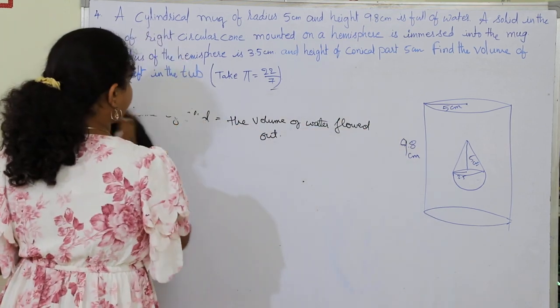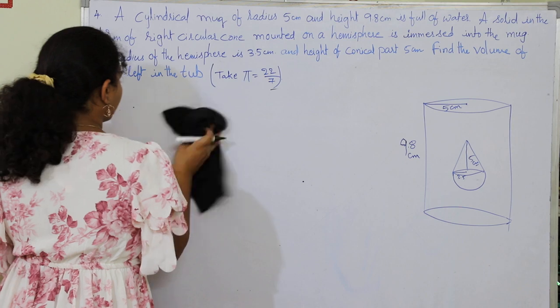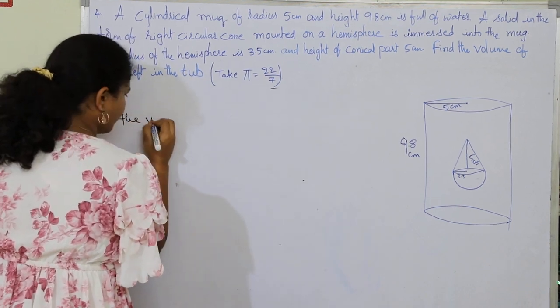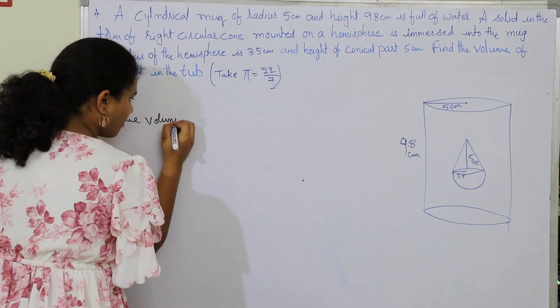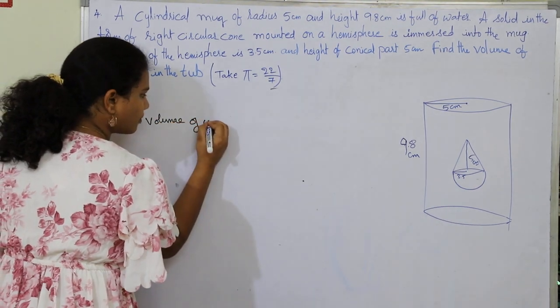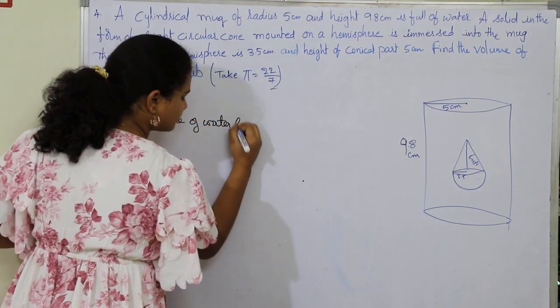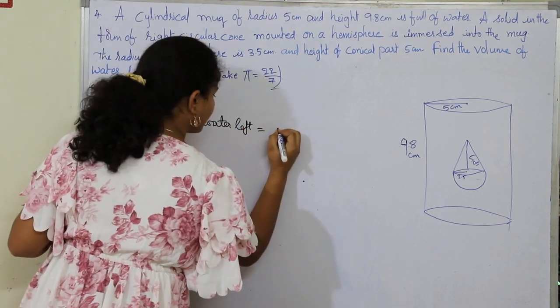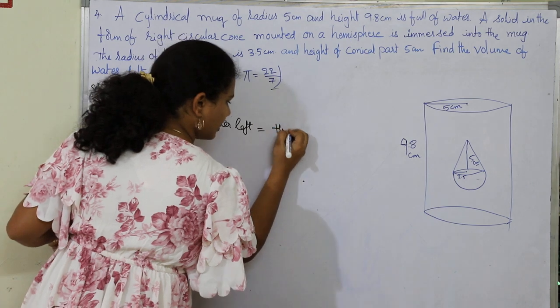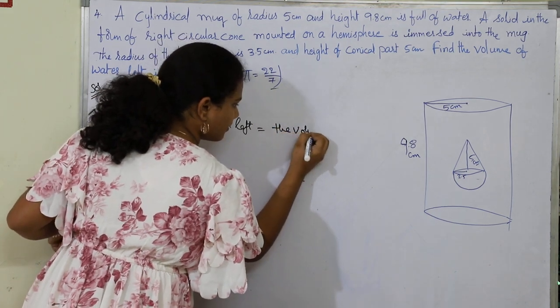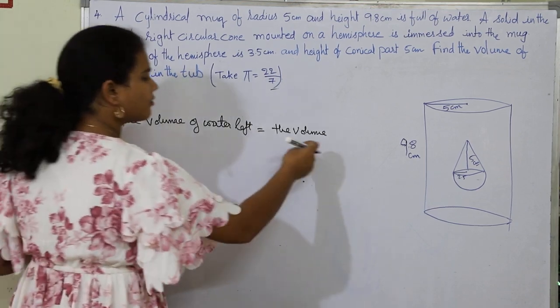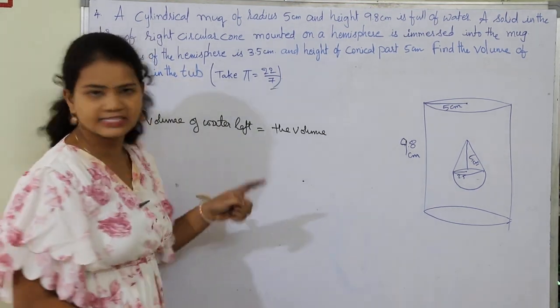So let me write down the volume of water left in the tub. The volume of water left equals the volume of water in the tub. As we got, the volume of tub equals what? 770, right?